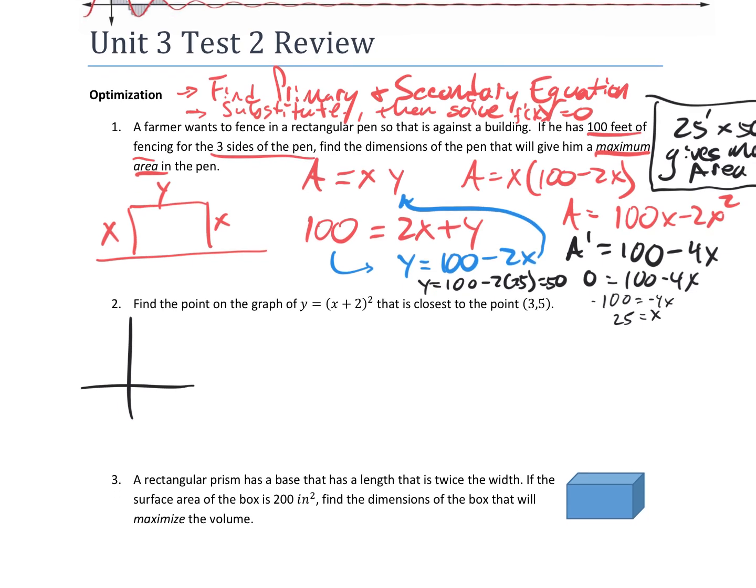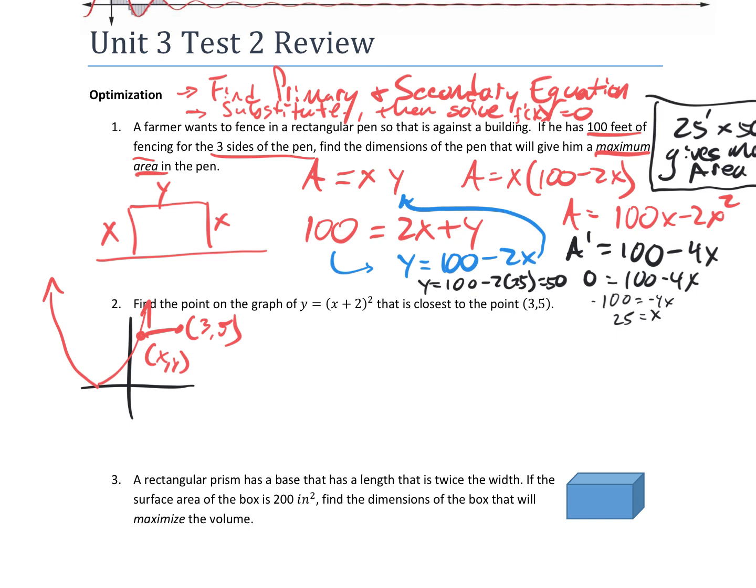Just to give us an idea of what's going on. We've got some point (3, 5) over here somewhere, and we're trying to find a point (x, y) on this graph that is closest.